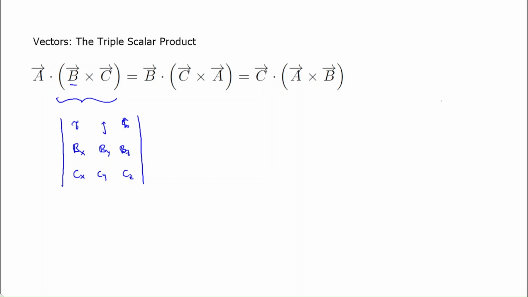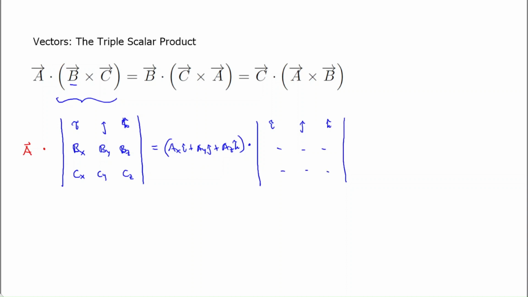Now the actual vectors here are the top row I, J, K. What we are wanting to do is take the dot product of A with this. Now A, of course, is equal to A sub x i plus A sub y j plus A sub z k, and we're dotting it into this cross product.